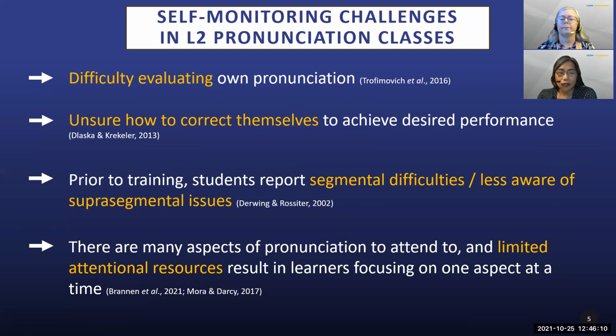Even with teacher feedback, learners may still feel unsure of how to correct themselves in order to get from their present level of skill to the teacher's standard of performance. Another challenge of self-monitoring involves the trade-off of limited attentional resources. Given the many segmental and suprasegmental aspects of pronunciation to simultaneously attend to, the high demand on attention means that learners can only focus on some aspects at once to the detriment of others.